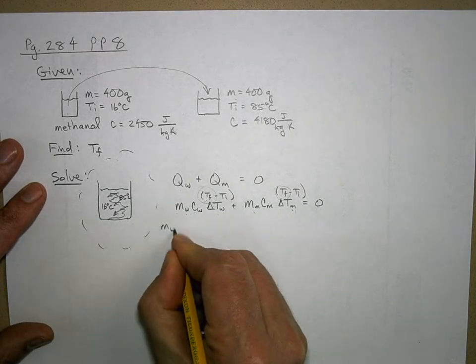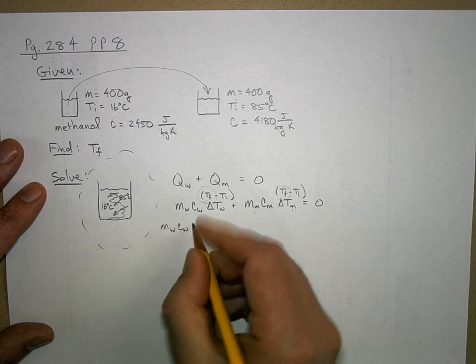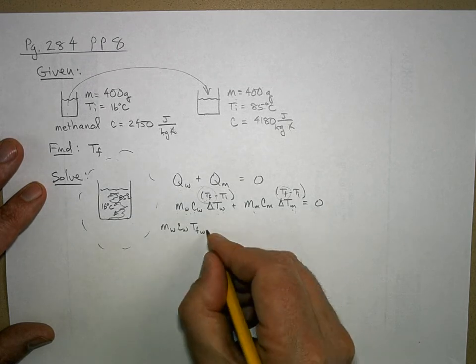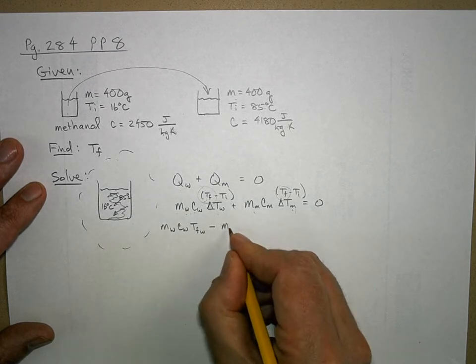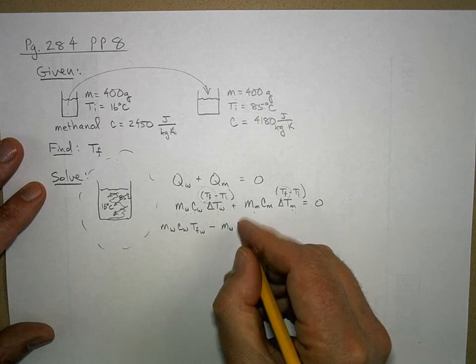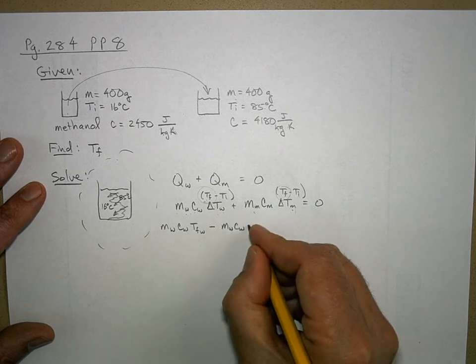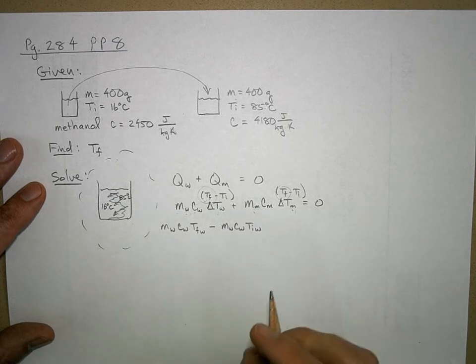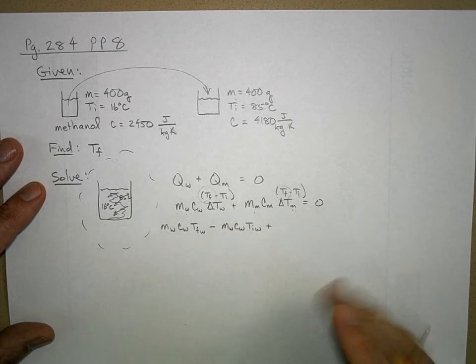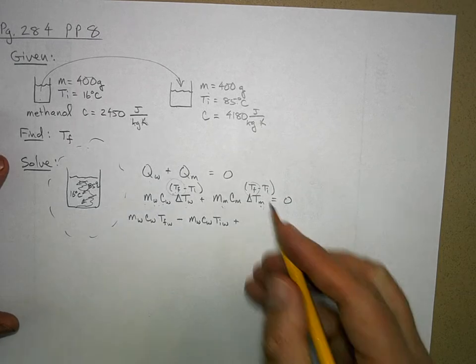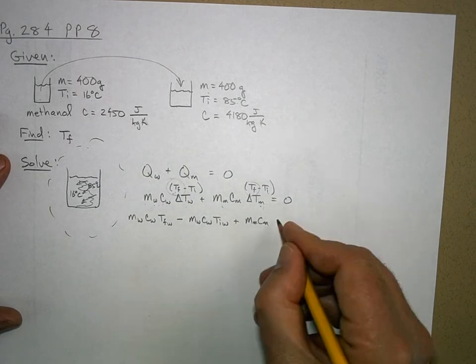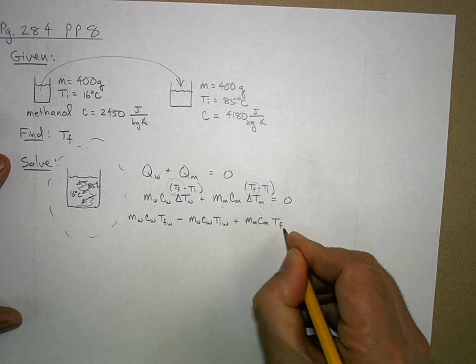The mass of the water times the specific heat of the water times the final temperature of the water. You have to use a lot of subscripts to do this. Minus the mass of the water times the specific heat of the water times the initial temperature of the water, plus, this is going to be a long line here, the mass of the methanol, specific heat of the methanol, times the final temperature.